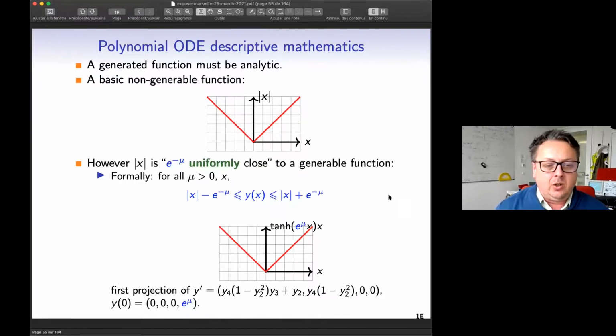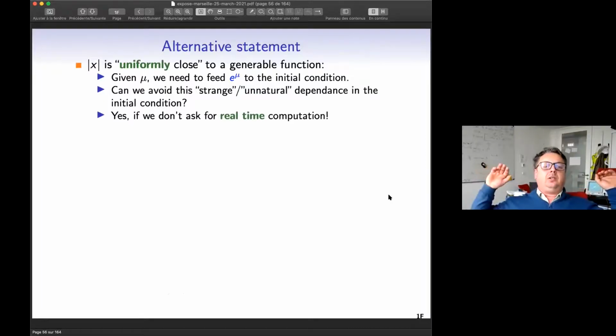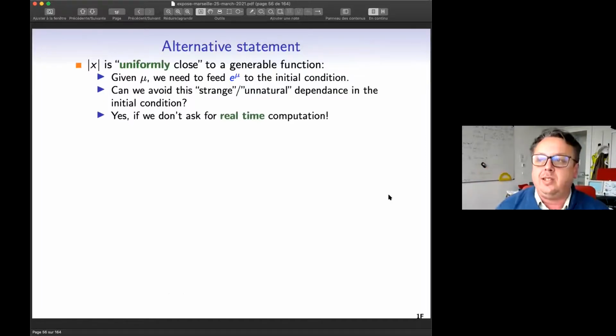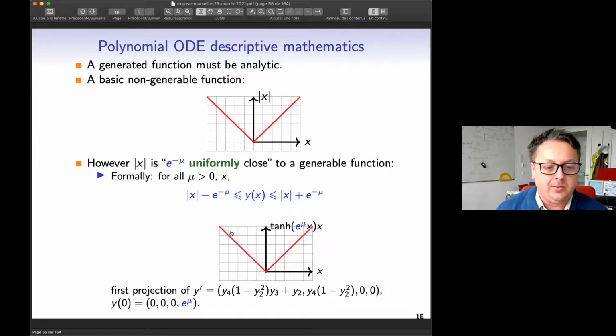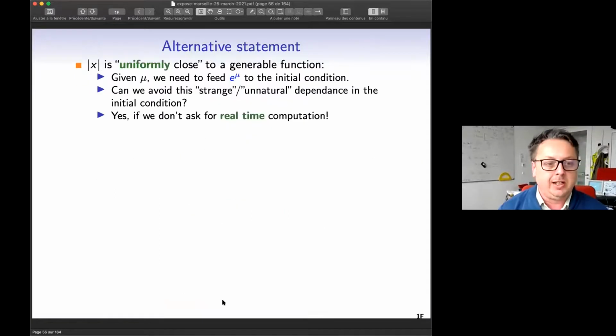Okay, you could think about that and realize that the problem is if I want to draw absolute value at exponential minus mu, then I need to plug in the initial condition exponential of mu, which you may ask, how do I feed this to my machine? So answer 1, you can draw exponential, so you could get exponential mu and then compose. But just to give the feeling of the way this machine works and how amazing it is.